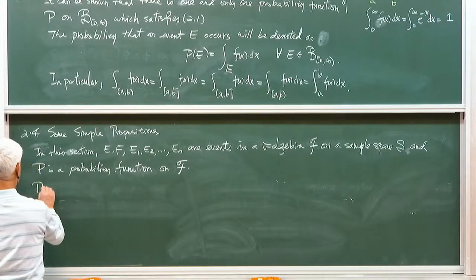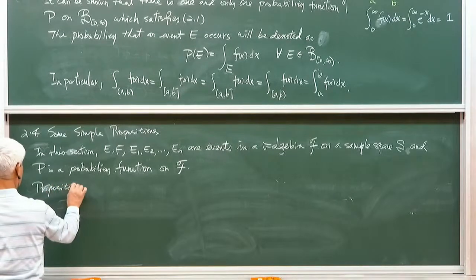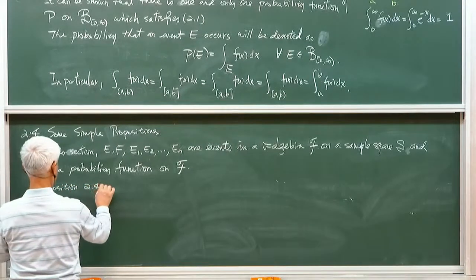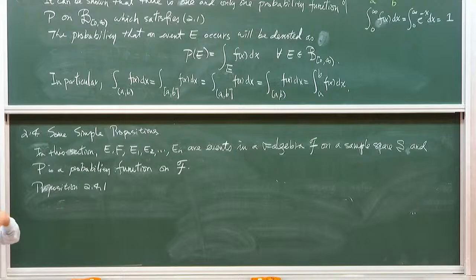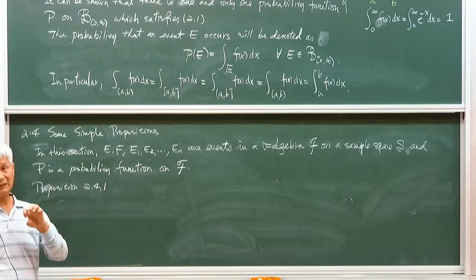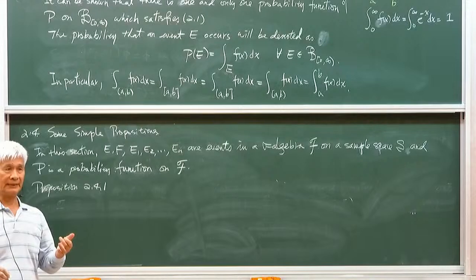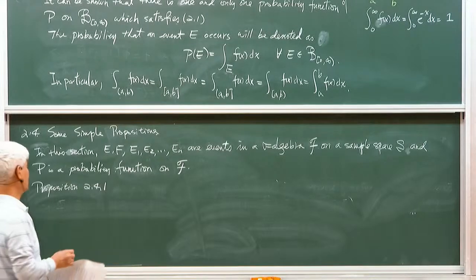All right, so proposition 2.4.1. The numbered propositions 1, 2, 3, 4 correspond to the propositions provided in the textbook. If I number them A, B, C, D, those are extra propositions I give in the lecture.